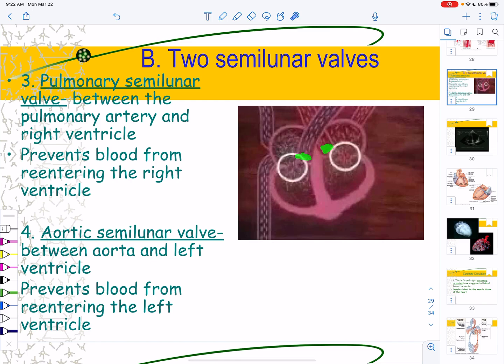Here is the pulmonary semilunar valve here. Here is the tricuspid AV valve. Here is the bicuspid AV valve, atrial ventricular. Okay, so hopefully that will help you see and understand these things.